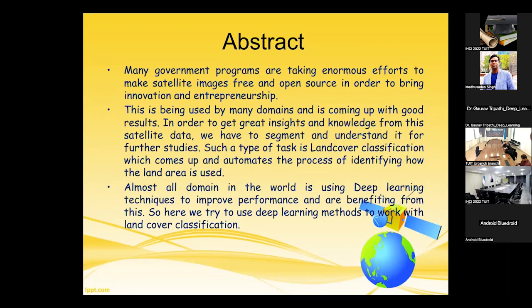In order to get great insights and knowledge from this satellite data, we have to segment and understand it for further studies. Now, what does it mean? If we want to segment it, that is another beautiful application of deep learning, because deep learning is not only used for image classification or object detection, it is also used for object segmentation and what we call panoptic segmentation.